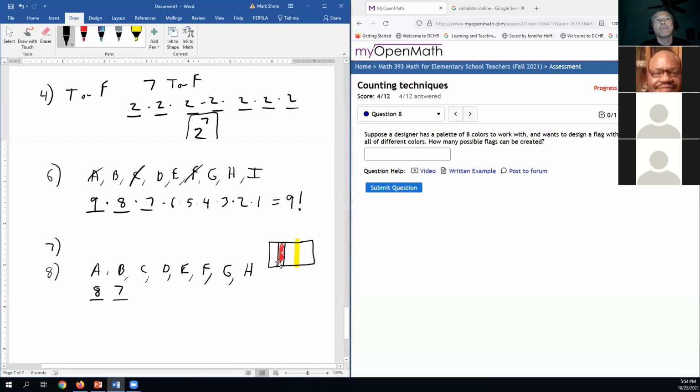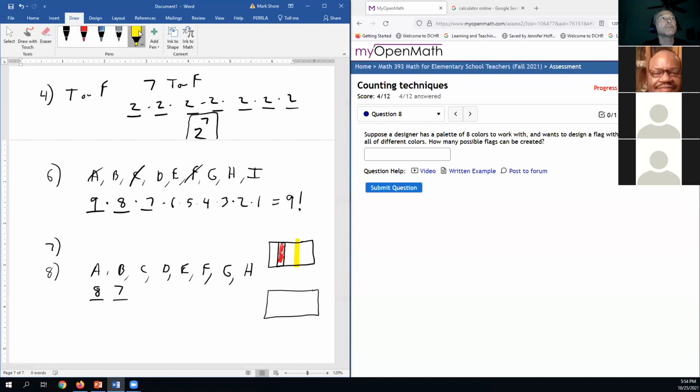And that is, for example, let's say that you have a flag that looks like this. The first vertical stripe is red and the second one is yellow. Well, guess what? You could have another flag with 2 vertical stripes with the same colors, but in a different order.